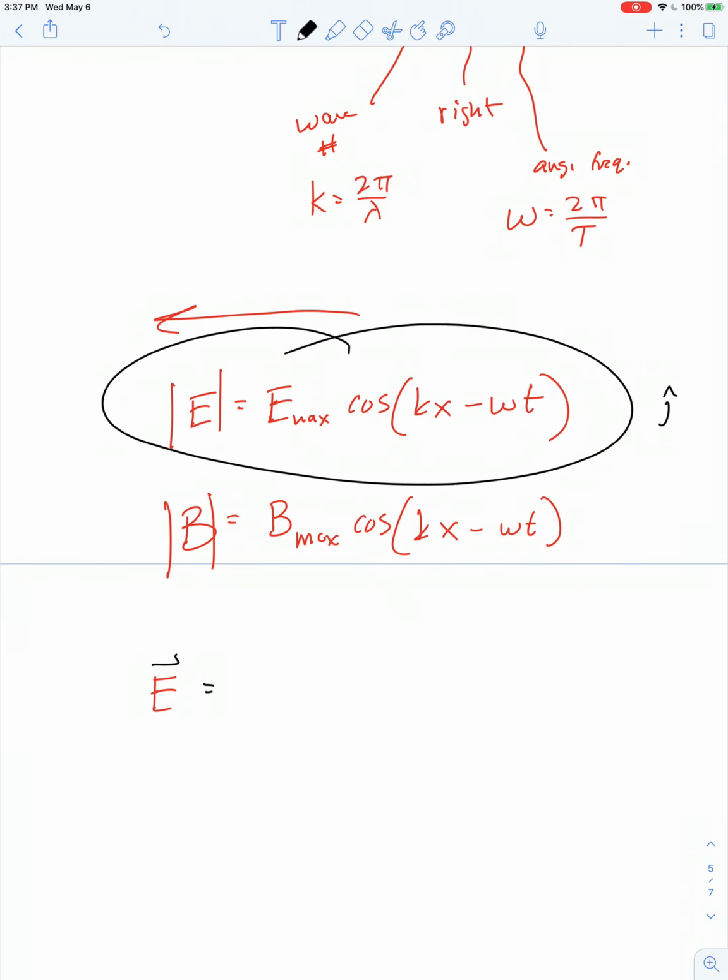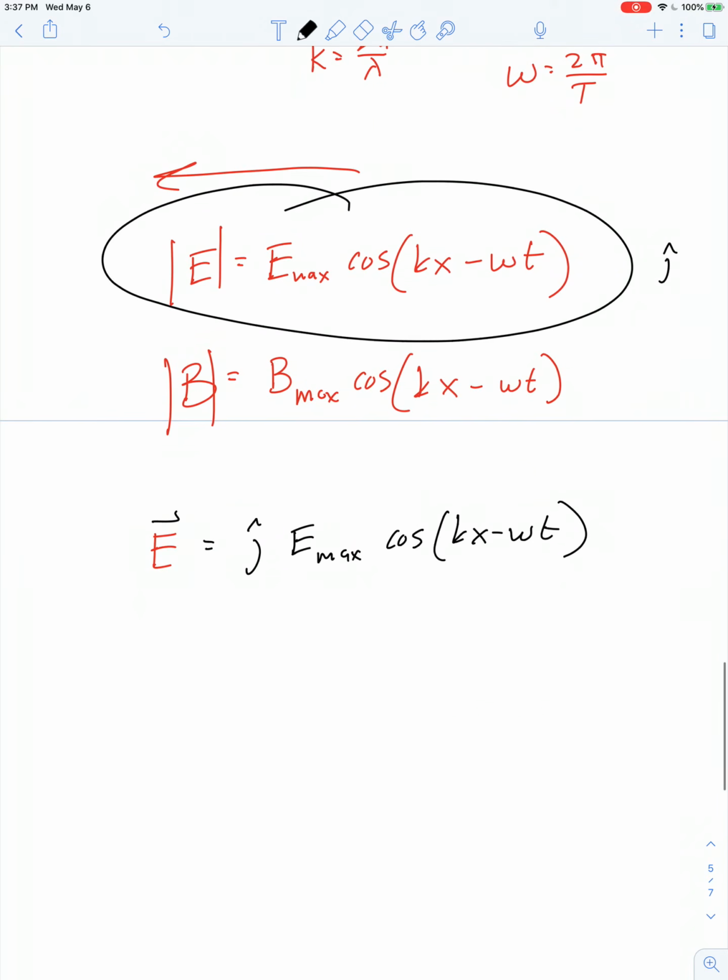So the vector E is equal to j hat times E maximum cosine of kx minus omega t if it's propagating to the right, and likewise the vector magnetic field is equal to k hat, it oscillates along the z-axis, times B maximum times cosine of kx minus omega t.